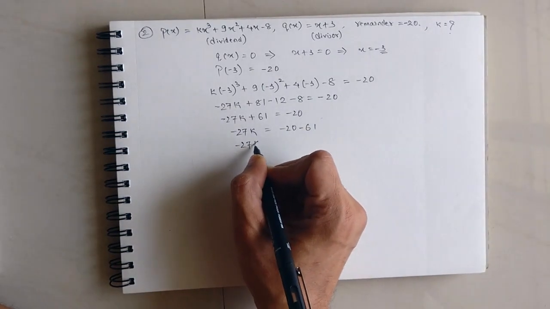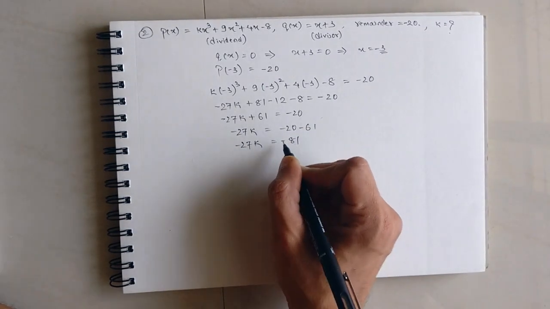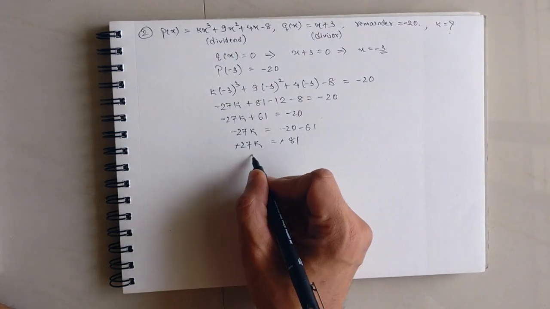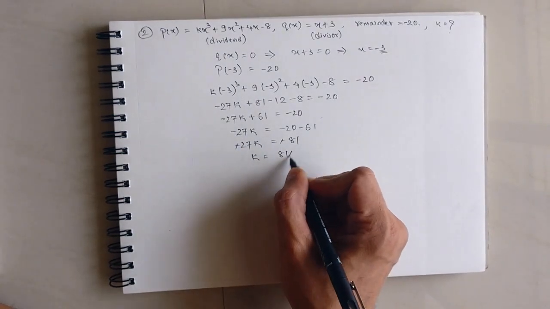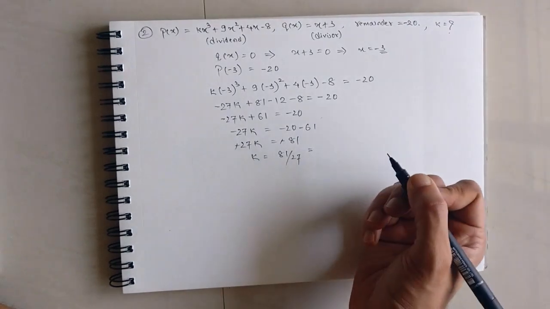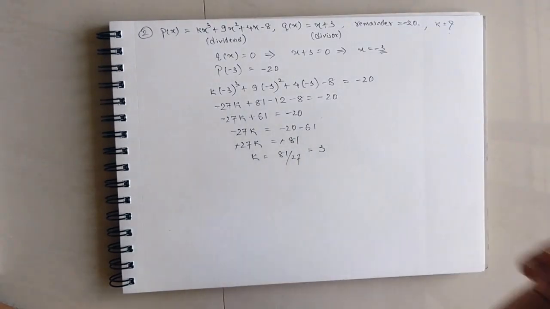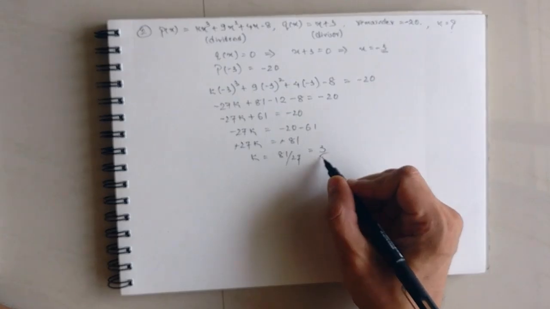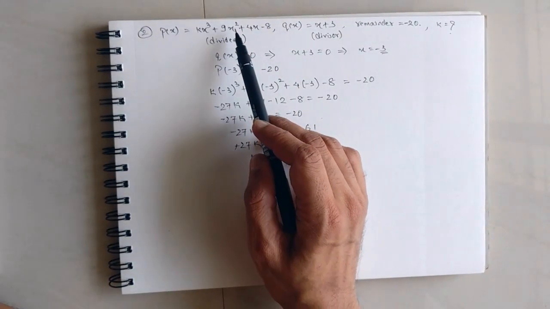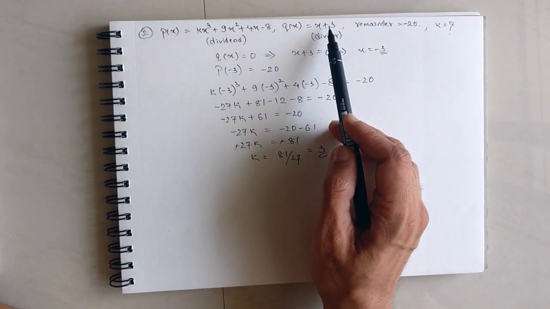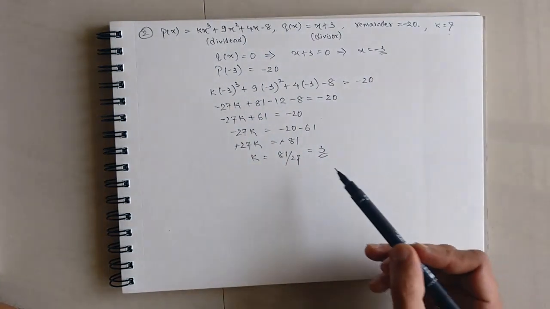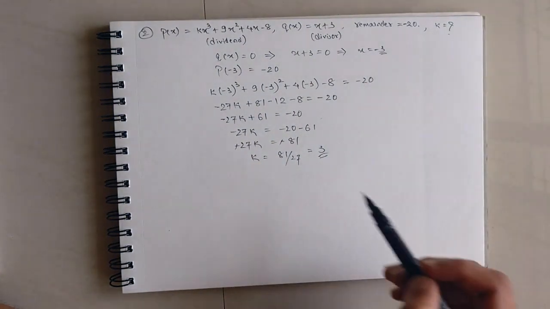Minus 27k is equal to minus 81. Minus minus gets cut. K is equal to 81 by 27, and the answer is 3. 27 3s are 81. So the value of k for which this polynomial divided by this polynomial gives you remainder minus 20 is 3. The value of k is 3.